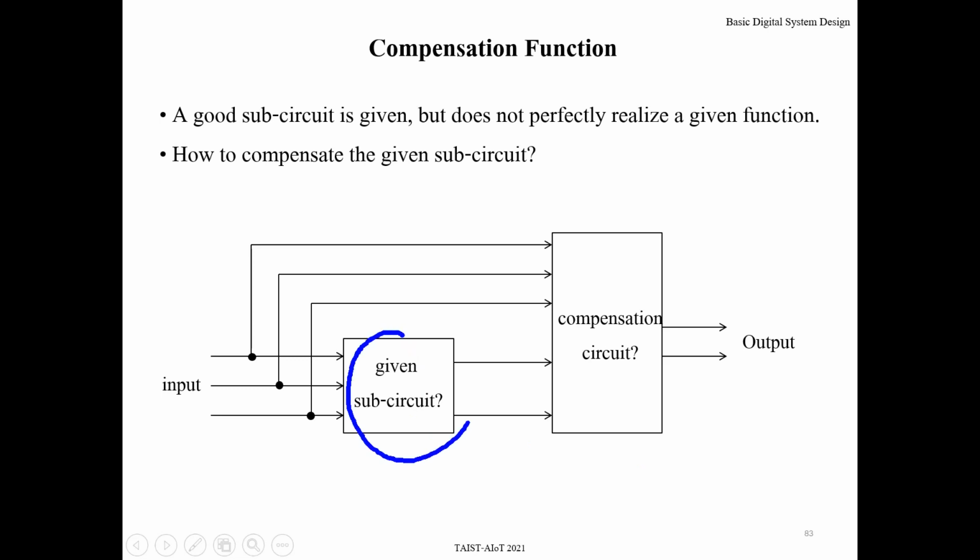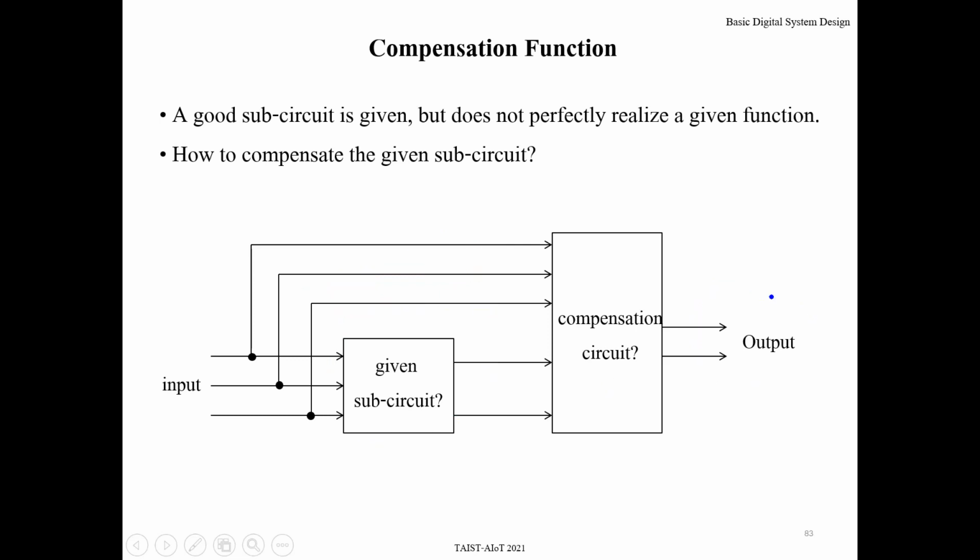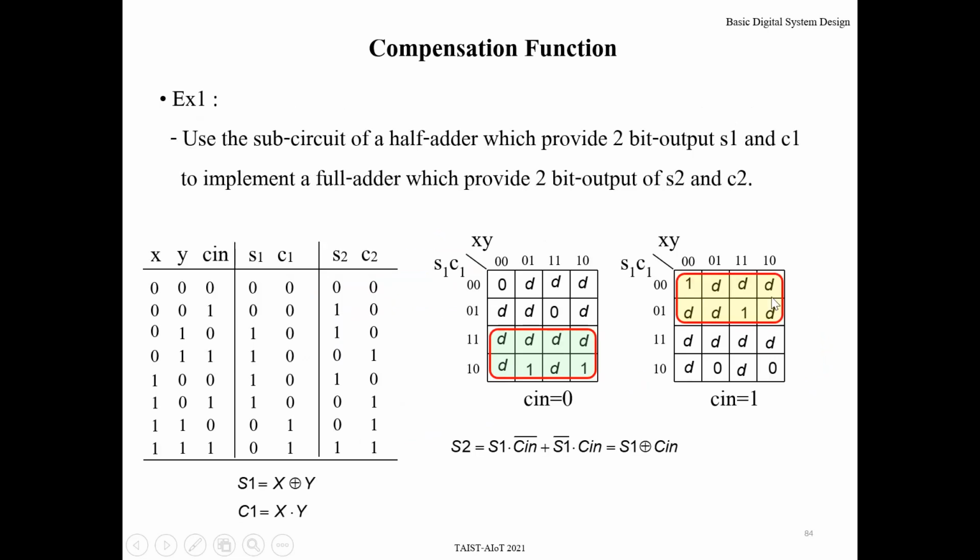In this case, you have the half adder circuit, or sub-circuit, already available, and you need to design some compensation circuit to convert the result from the sub-circuit, and sometimes maybe use some input to get the desired output. For example, this one.